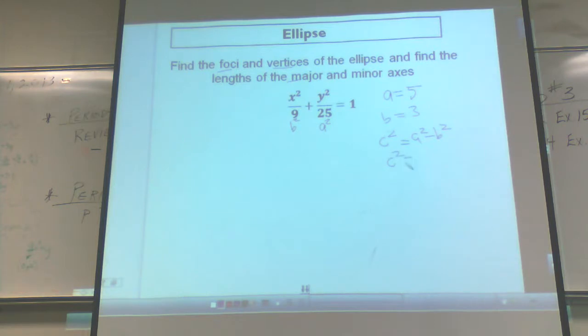So, 4. I'm just going to write it out. I know some people don't. Okay? All right, so then you go, okay. Since you know that this one's going to be more vertical, like if I just did a sketch, it would obviously be longer that way. My vertices would be, there's one vertex, there's another one, and the two focus points would be there and there, somewhere.